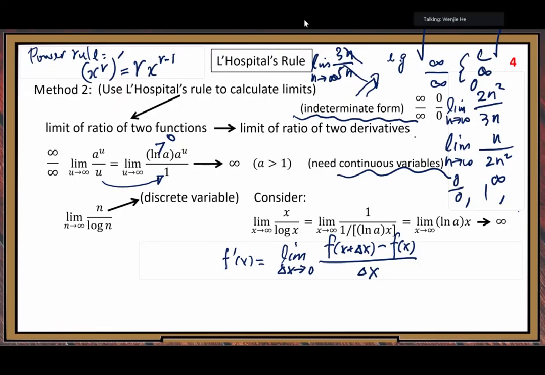So how do we get back from the continuous version to the discrete version? How do we jump back?